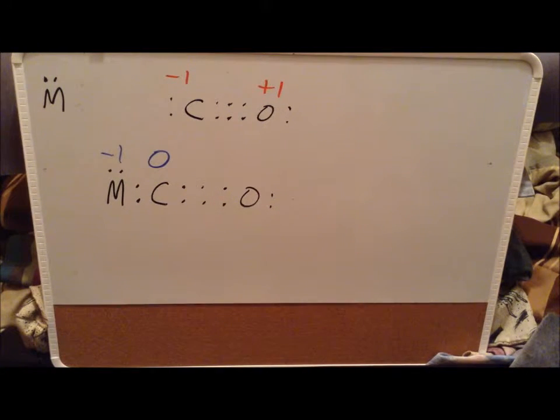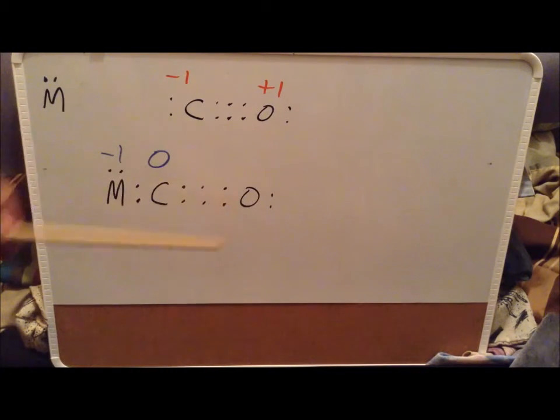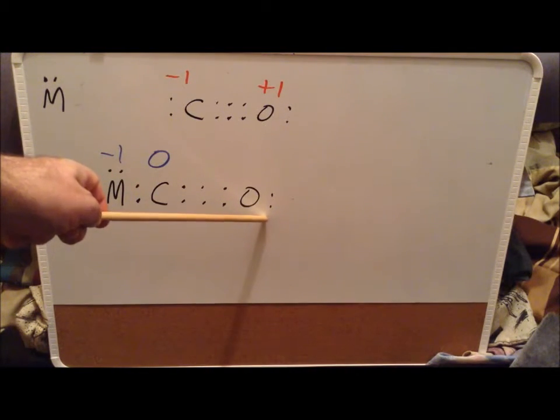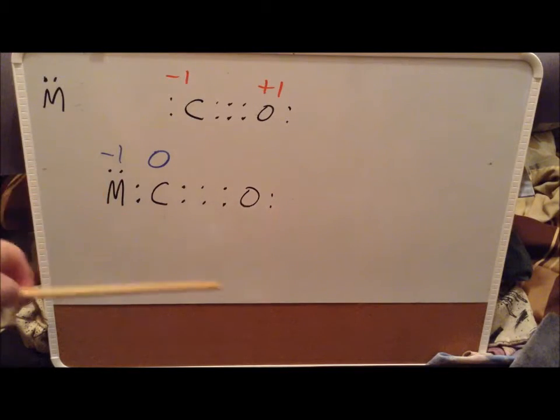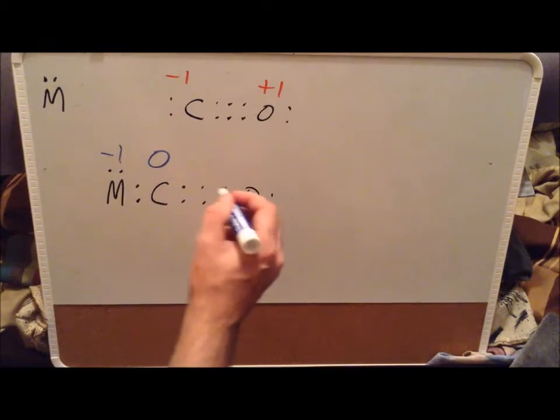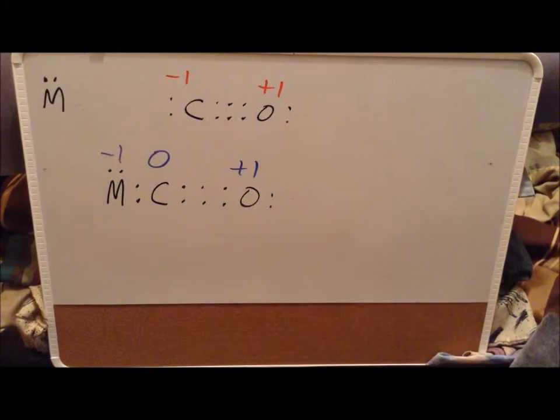Let's see what happens with the oxygen. Well, we just compare from what we had before. The situation of oxygen is identical, so let's remind ourselves that we start with 6 valence electrons, minus 2 lone pair electrons gives us 4, and then we have minus 1/2 of the 6 bonding electrons, 3, so 4 minus 3 equals +1. So oxygen still has a formal charge of +1 when the metal first binds to the carbon monoxide.